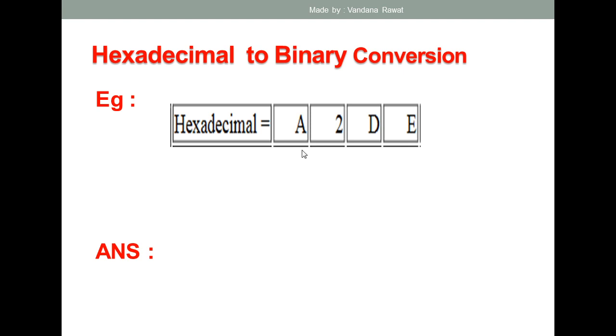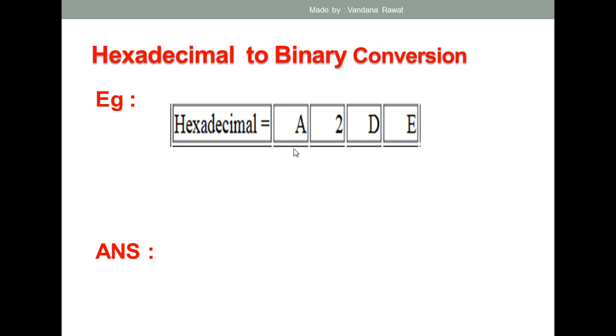So you just write 10, then this will remain 2, then D will be equivalent to what? A is equivalent to 10, B is equivalent to 11, C is equivalent to 12, and D will be equivalent to 13. Then E will be equivalent to 14. Done. Or what you can do, you can directly check the binary equivalent of these numbers.